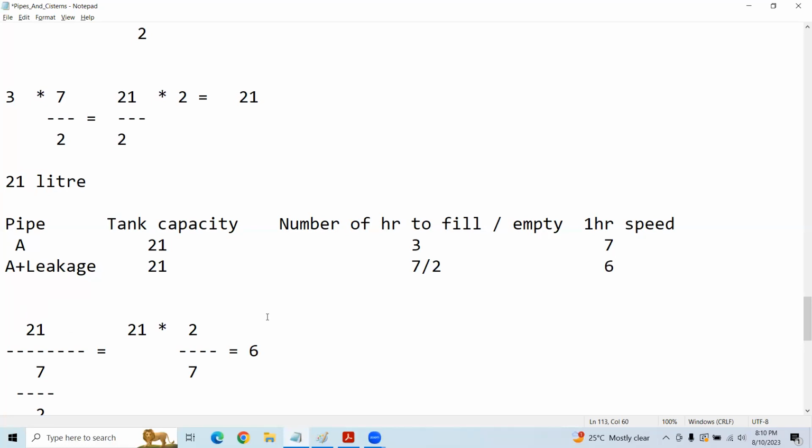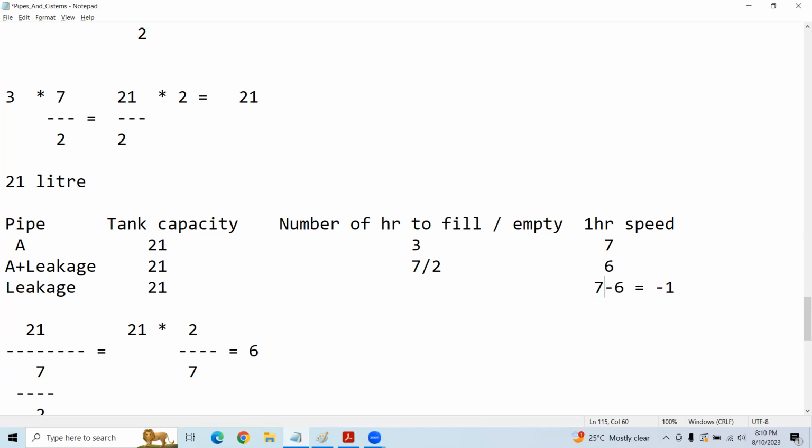Now you can see here, when only the pipe was there, our speed was 7. When there is A and leakage, then our speed is 6. So what can be the leakage speed? Can we say 7 minus 6, which is 1? So our leakage speed is 1. You can write it as -1 for reference also. But the leakage speed is 1 liter per hour.